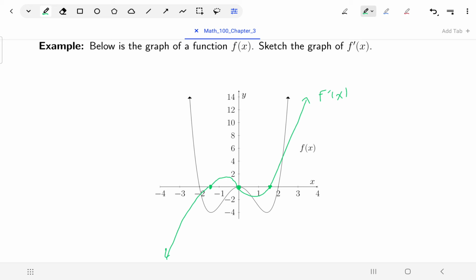Any place where we have a maximum or a minimum, those will be places where f prime will cross the x-axis. And then depending on whether the function is increasing or decreasing, in those intervals, the derivative will either be below the x-axis or above the x-axis. Below the x-axis when you're decreasing, and above the x-axis when you're increasing.